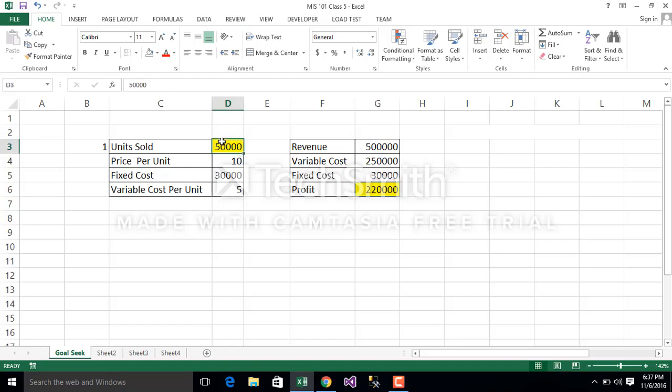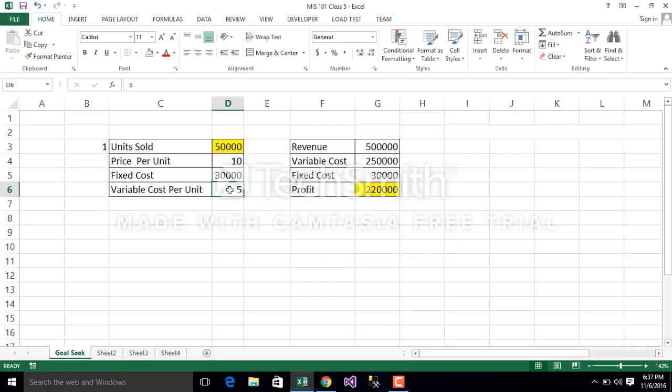We can increase our units sold, and we can increase our price, though sometimes if we increase our price, then customers will not buy our product. Another thing is that we can decrease variable cost.